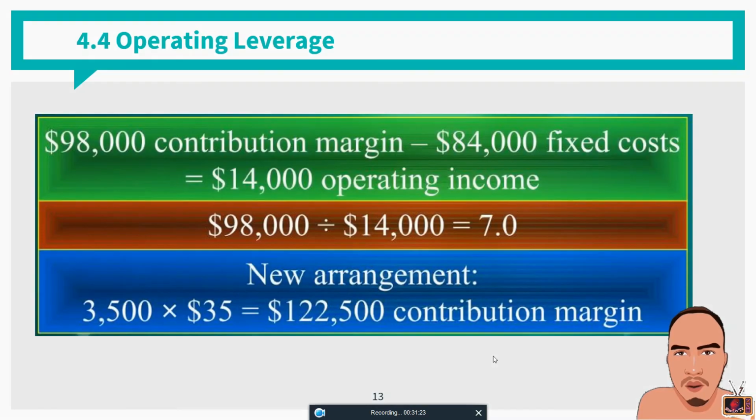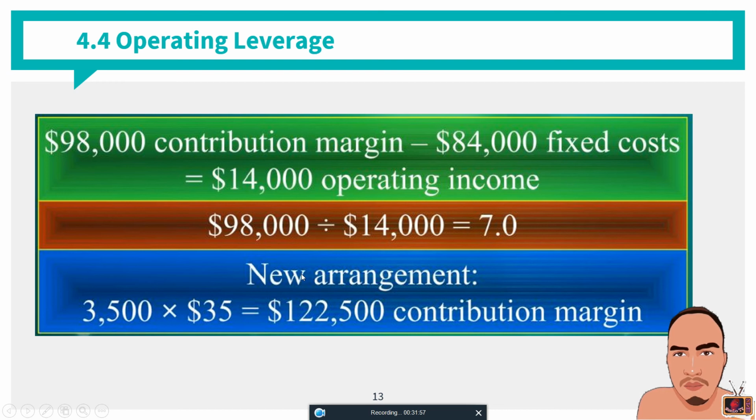So the existing arrangement would be 98,000 contribution margin. Based on the formula, 98,000 contribution margin minus 84,000 fixed cost equals the operating income. So with this, 98,000 divided by 14,000 is equal to 7.